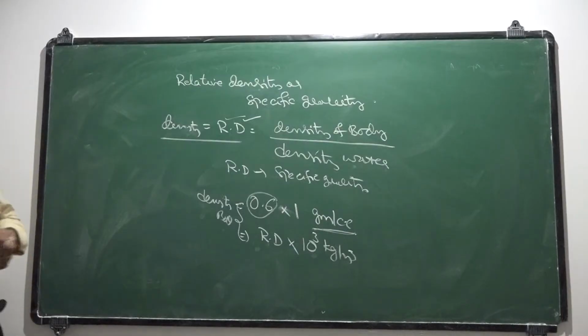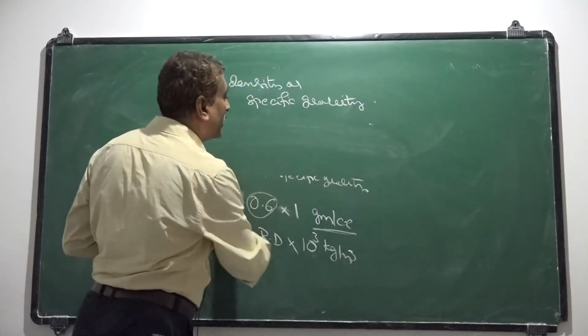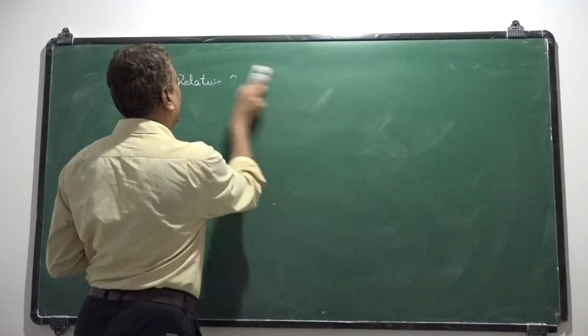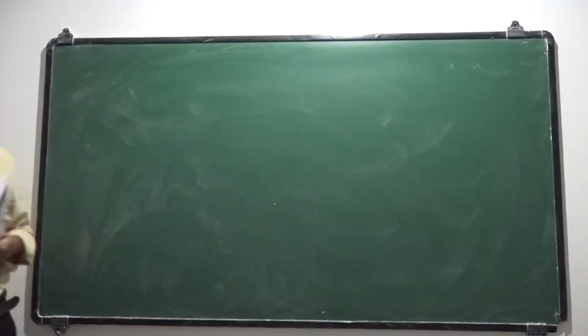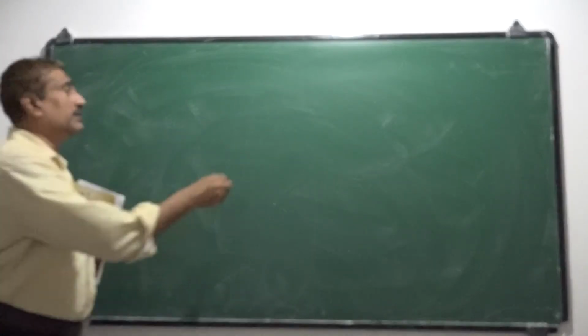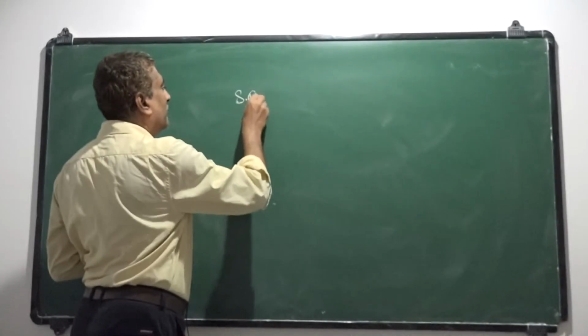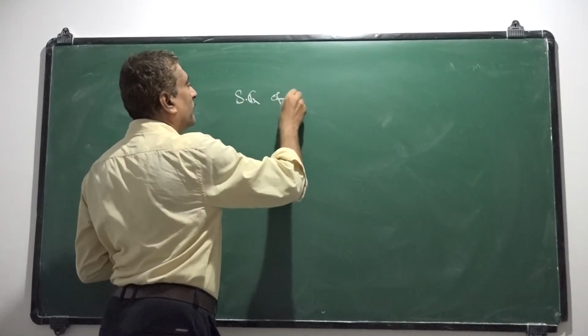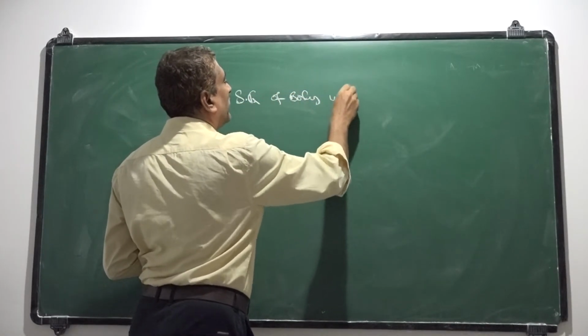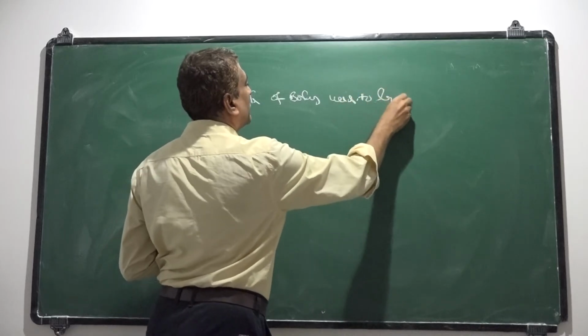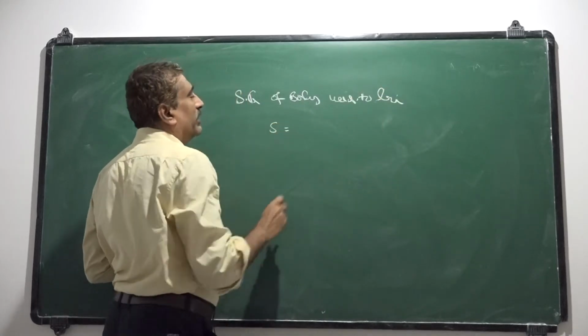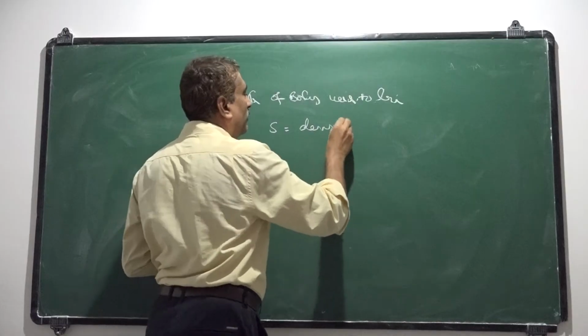And suppose we want the relative density of the body with respect to another liquid. In that case, specific gravity is equal to density of the body by density of the liquid.